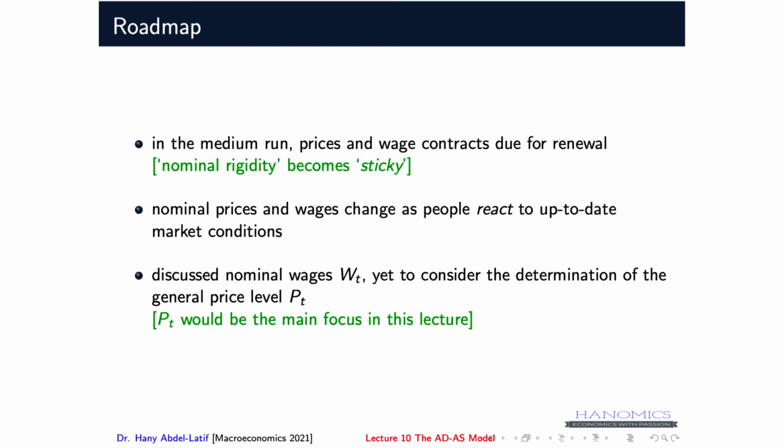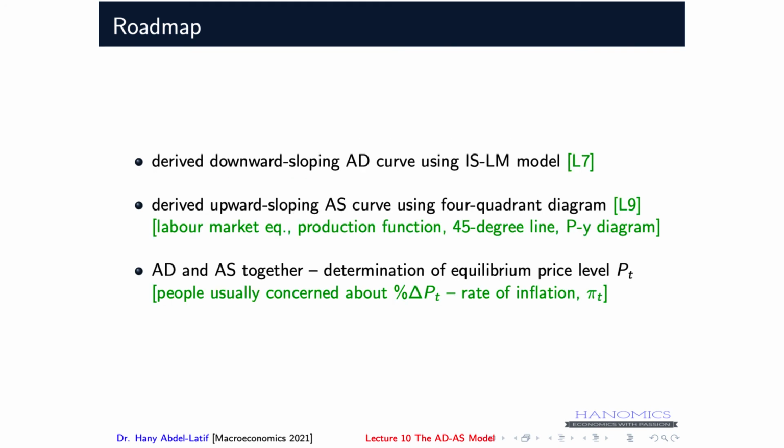So what we did last time, we focused on wages, what determines wages. This lecture will be mainly focusing on prices, and we are going to bring pieces together from what we did before.